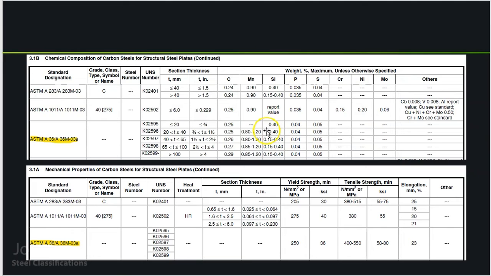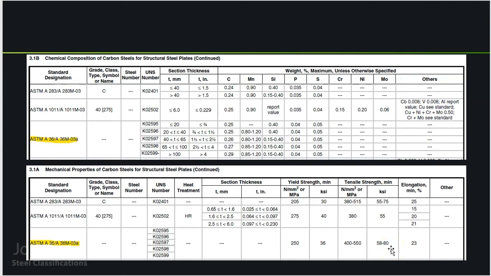Now, in addition to meeting the criteria for these alloying elements, it also needs to meet the requirements for these strengths. A36, the yield strength, has to be 36 KSI or 36,000 PSI. The tensile strength has to be 58 to 80 KSI.